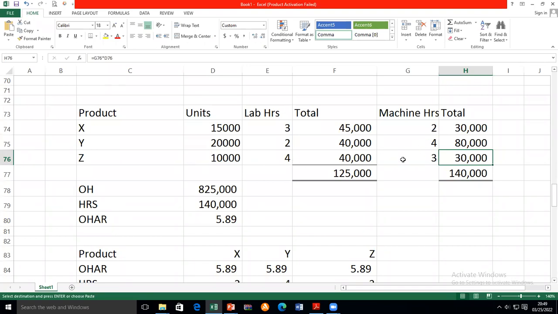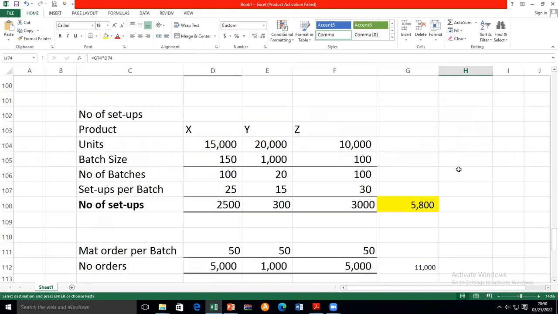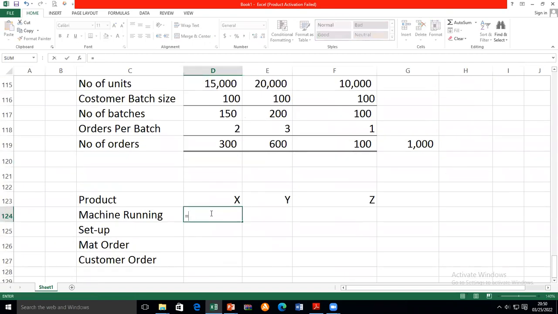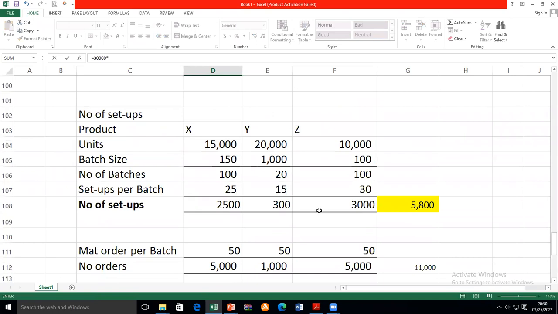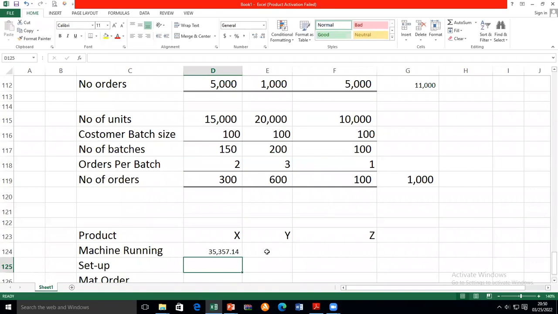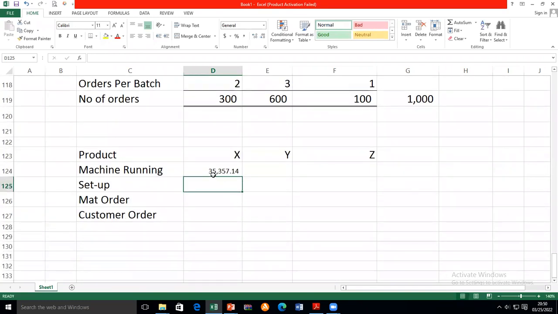So let us now charge 30, 80, and 30. So you come here, you say equals 30,000. You multiply by what? 1.18, which is this one. So that is your answer here.